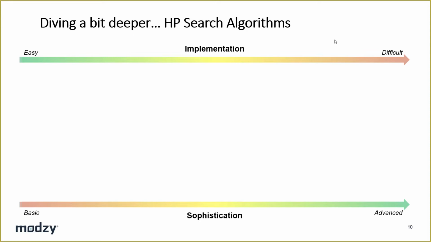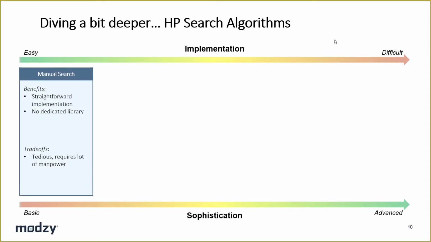For folks just getting into hyperparameter optimization and hyperparameter search, there's a learning curve to understand how they work and what's best for which use cases, and so there's an ease of implementation with a trade-off of sophistication. So the more sophisticated an algorithm you get, the more optimal and more efficient your experiment is, and the quicker you can get to that optimal set of parameters.